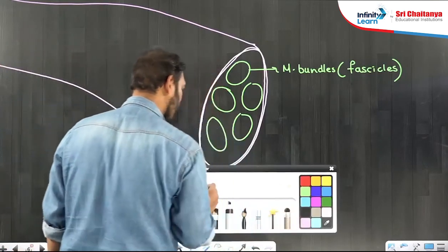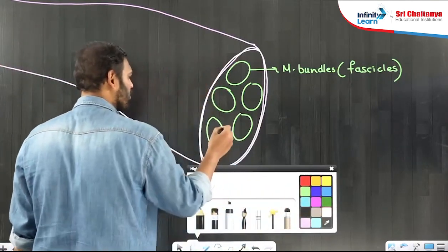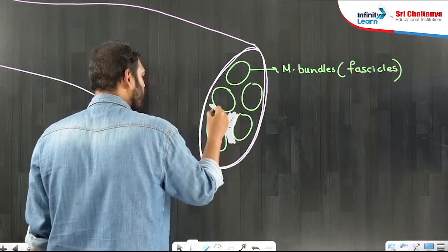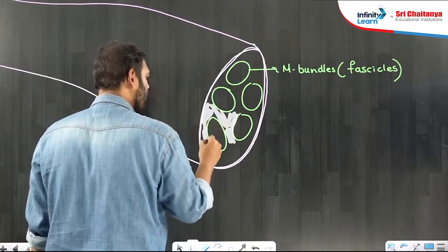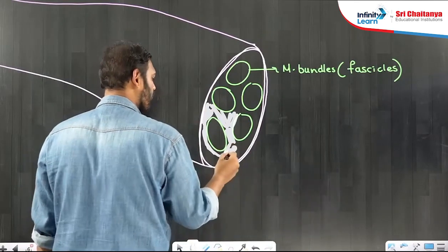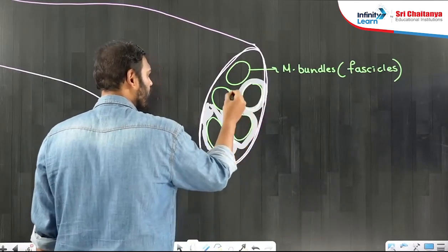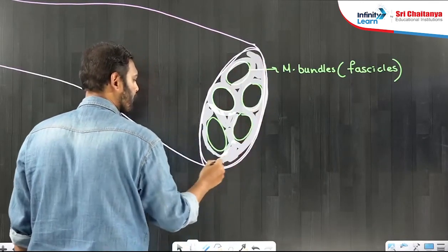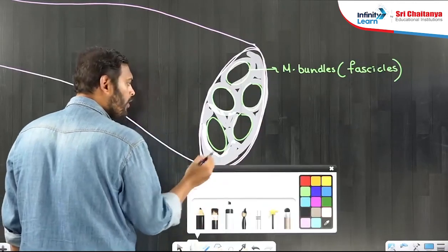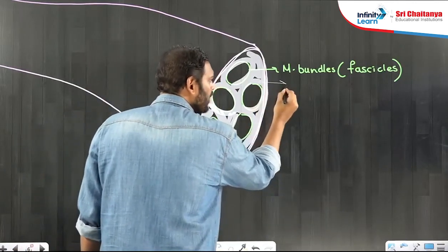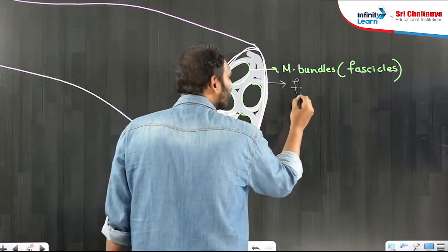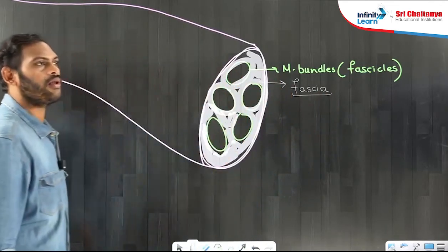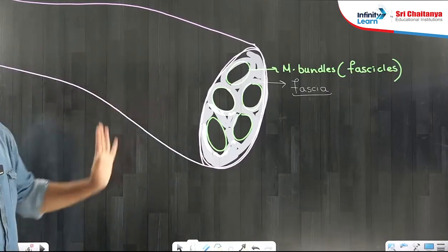All these muscle fascicles are joined together with the help of connective tissue also. There is tissue enclosing these fascicles like this. What is this connective tissue which is enclosing fascicles? It is called fascia.